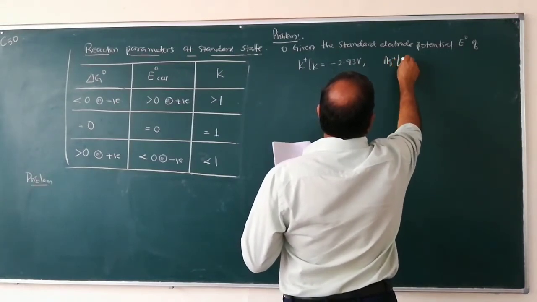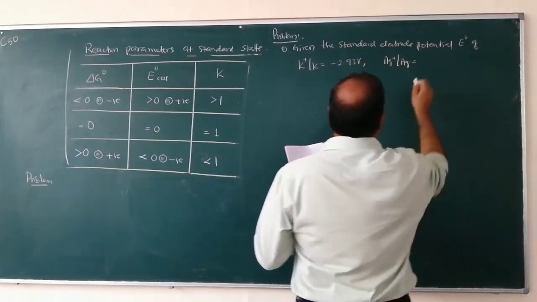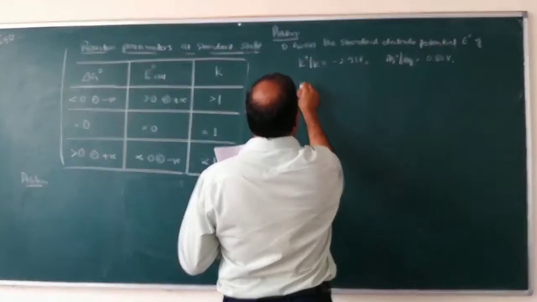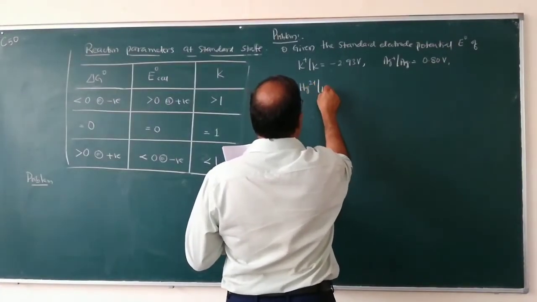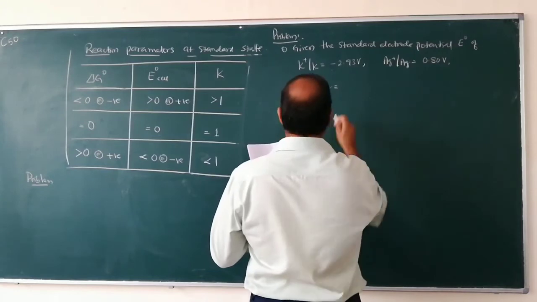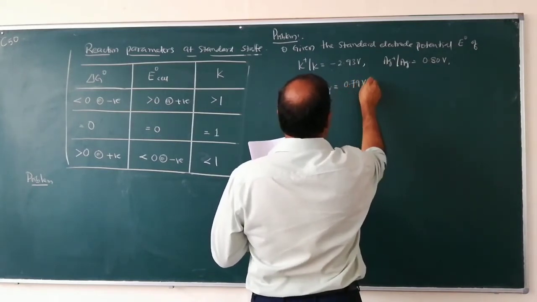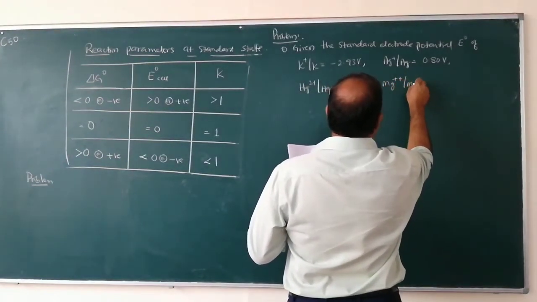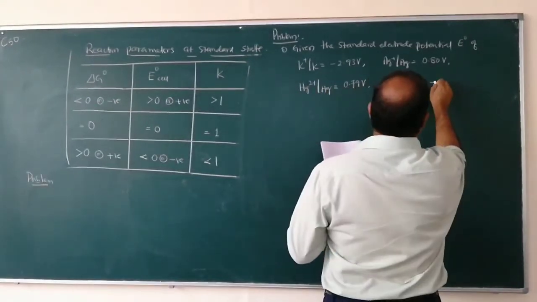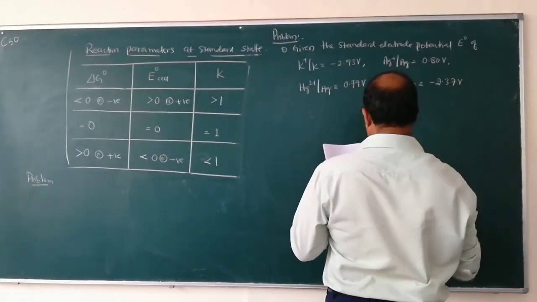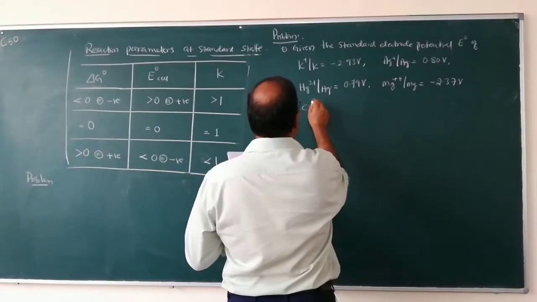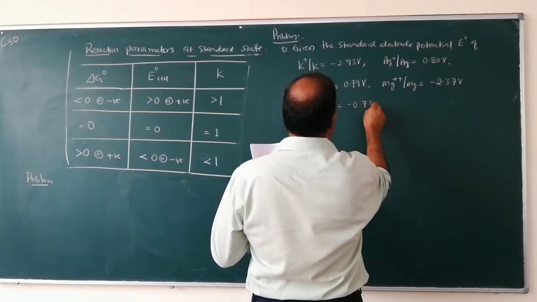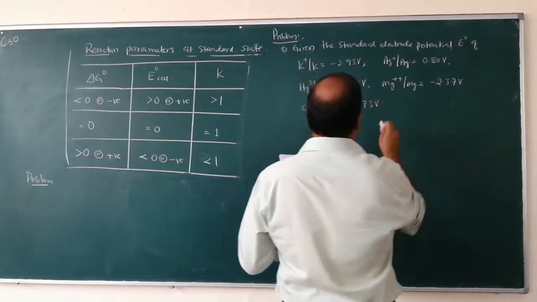Ag plus bar Ag is equal to 0.80 volt. Hg2 plus bar Hg is equal to 0.79 volt. Mg2 plus bar Mg is equal to minus 2.37 volt. Cr3 plus bar Cr is equal to minus 0.73 volt, etc.